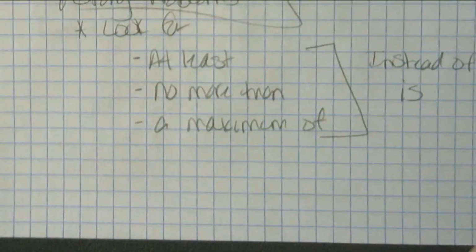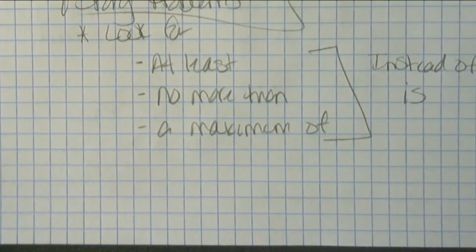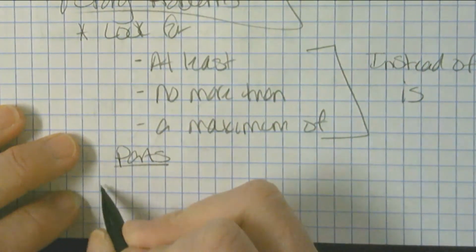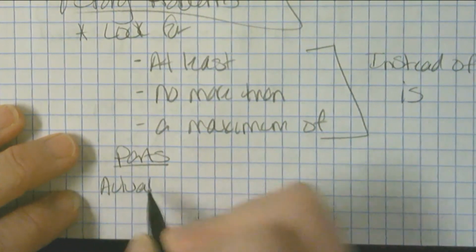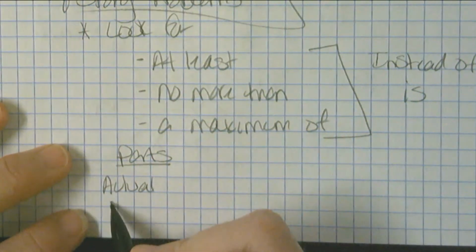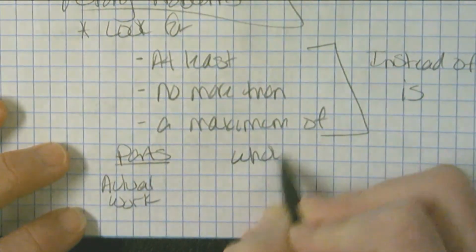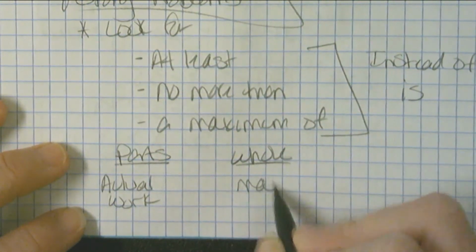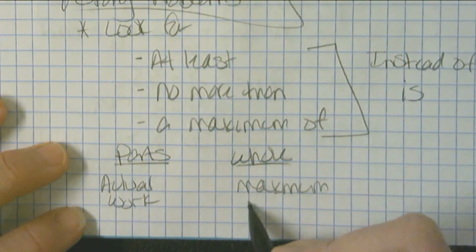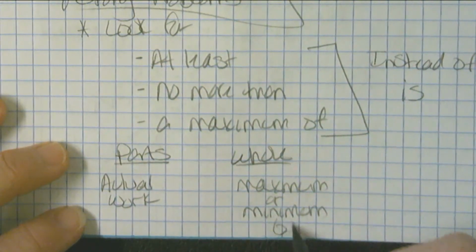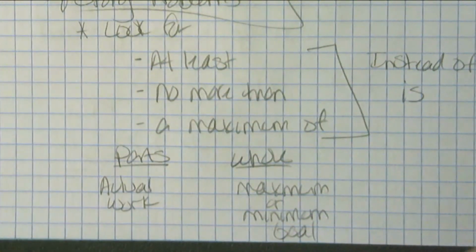Inequalities are one of the reasons I'm super picky on parts equal to your whole, because when we have our parts, that is our actual work, and our whole is either our maximum or our minimum goal.